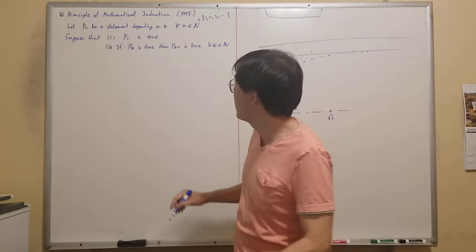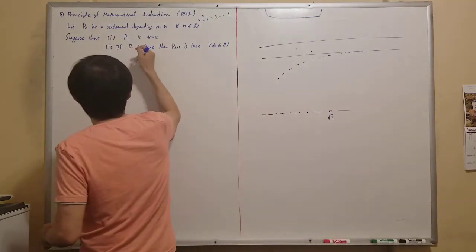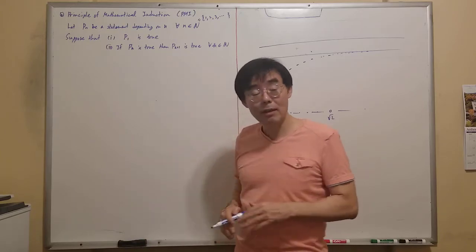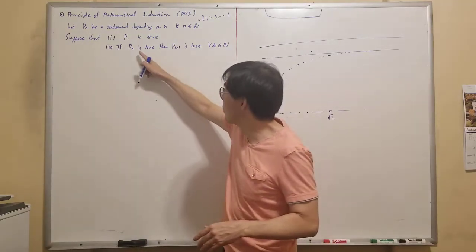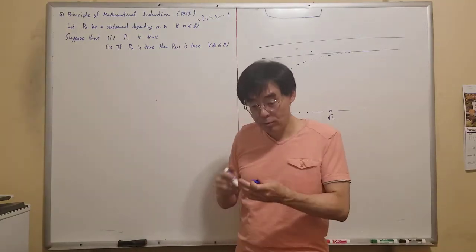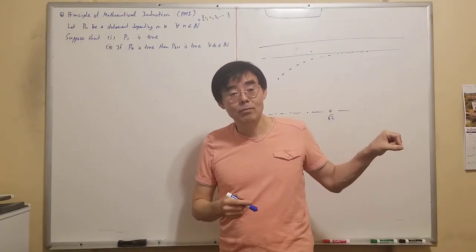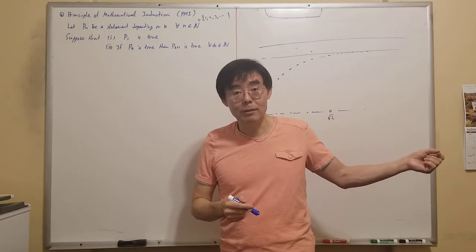Among these statements, depending on different integers, there is a relation. If the previous statement is true, then it dictates the next statement to be true. All right?